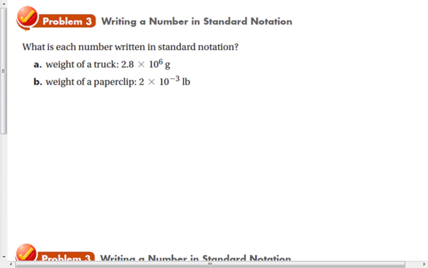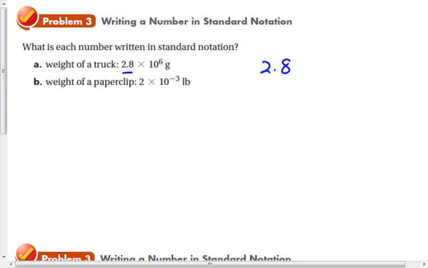All right, to put a number in standard notation, we're just kind of reversing the process. Remember, if it's a positive power of 10, then you're multiplying by 10. That's going to move the decimal to the right. If it's a negative power, then it's dividing by that base, 10. So that's going to move the decimal to the left. So we're going to start with 2.8 on this one.